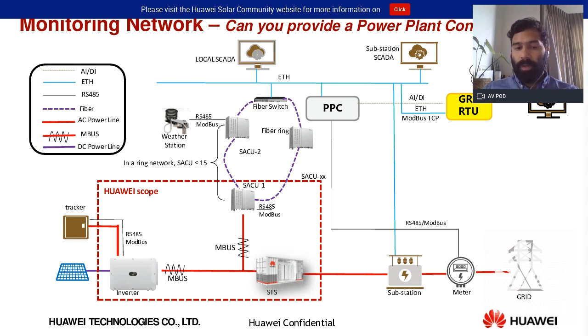Our team is also working on developing a storage solution that should be available next year. This will increase our scope in terms of technology, but as for PPC, we don't have a plan for that.